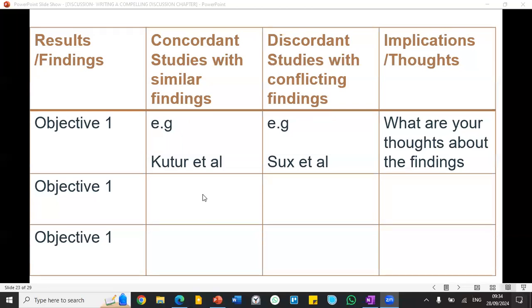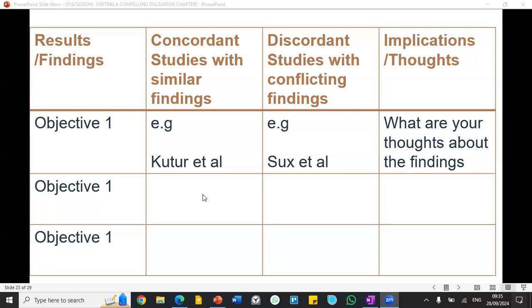The third column is where you have findings that are contradicting or conflicting. So maybe you found females are more prone to a certain disease, but the literature says males were prone to that kind of disease, and so on. Then you also put the authors there. And in the last column, it is your thoughts.